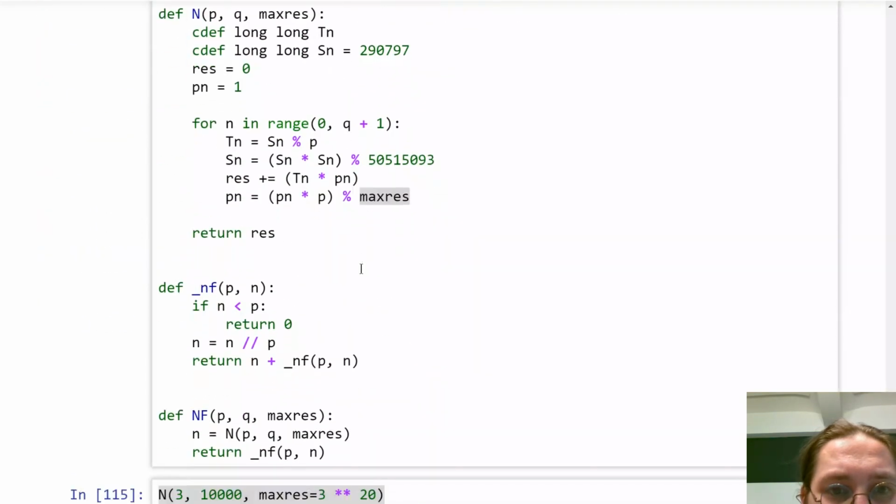So we have to know the full factorial, don't we? No, we don't need the full factorial, but we do need the correct n. We can't mod.